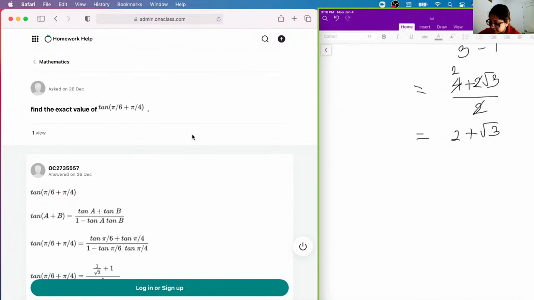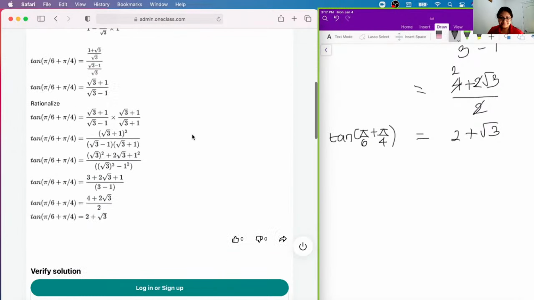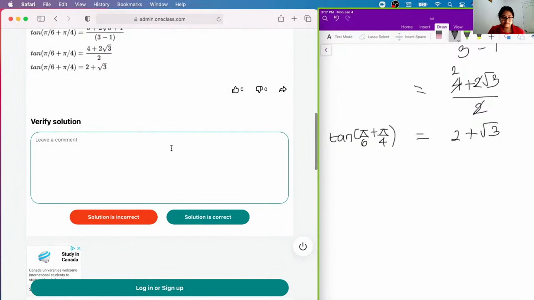And so finally, our answer is tan of pi over 6 plus pi over 4 is equal to 2 plus root 3.